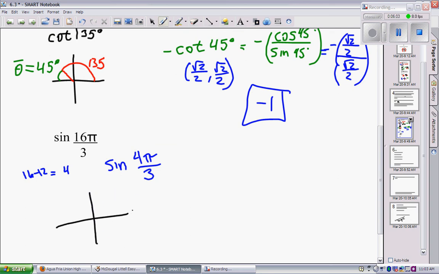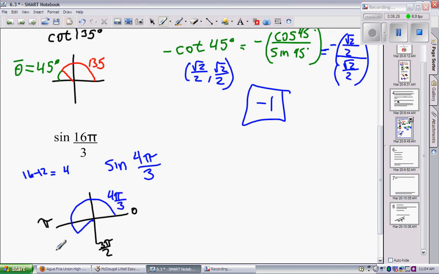So here's 0, here's pi, here's 3 pi over 2. So we are just over 1 full pi. And we stop here. This is your 4 pi over 3.